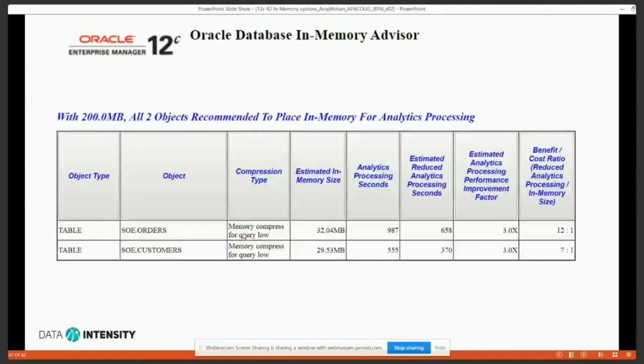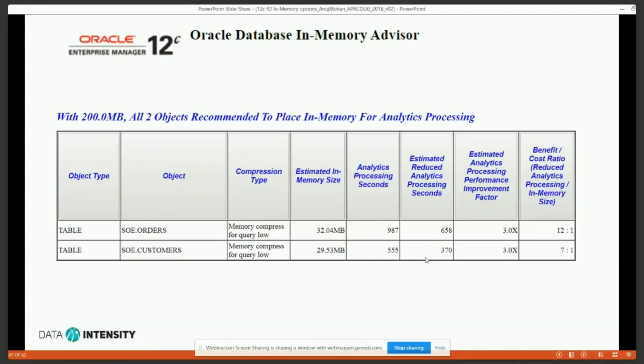Then the next thing is what all tables you want to put into the in-memory column store. Here it's telling me what tables I can put into the in-memory column store, and then it talks about what will be the size of these tables in the column store. This will be the size, this will be the analytics processing seconds, and this will be the reduced time.